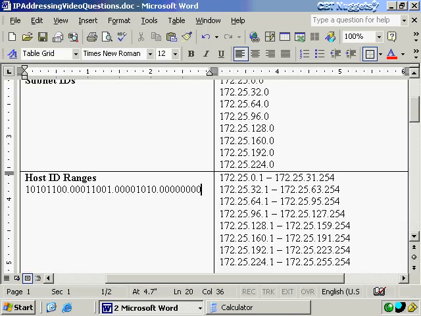Now let me also point something else out here. In binary, I've put up here an IP address for one of the addresses within my host range. Here I've got, actually let me put it in decimal so you can see it, 172.25. And then for this one, I've got an 8 plus a 2, so that would be .10.0. Now a lot of people that would look at that will say, that doesn't look like a valid IP address. That looks more like a network ID or a subnet ID or something like that.